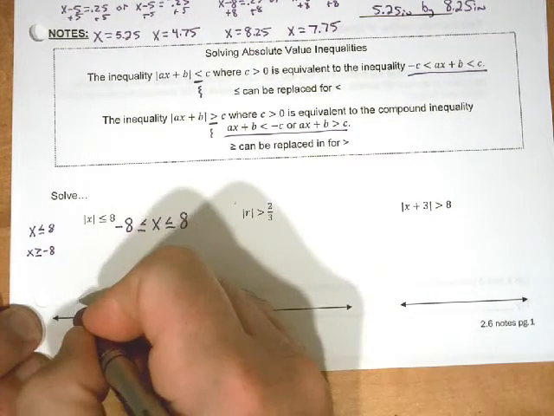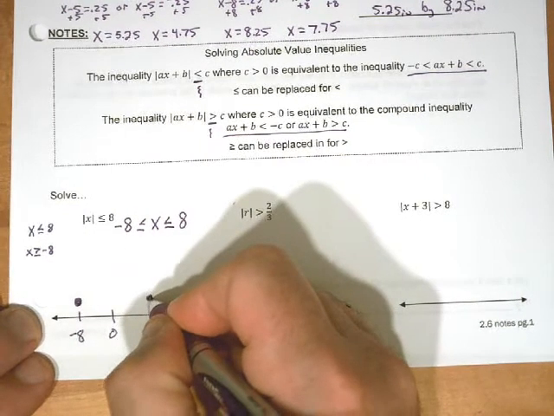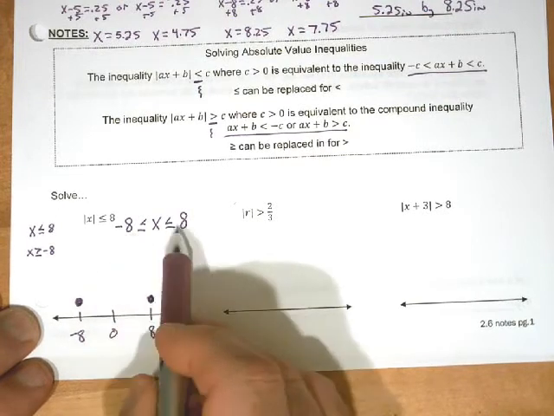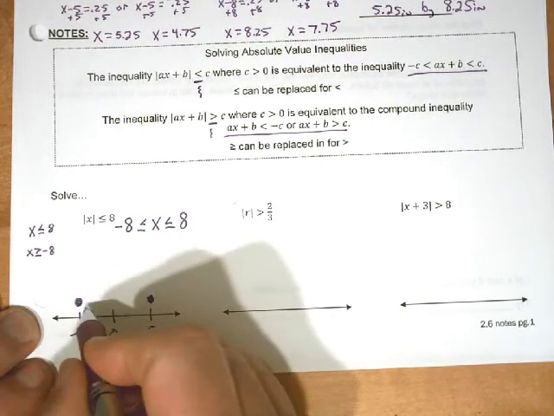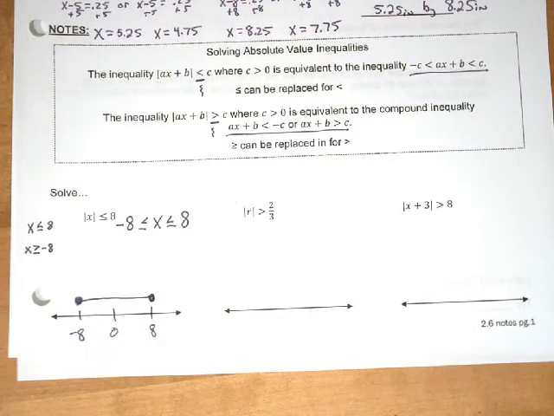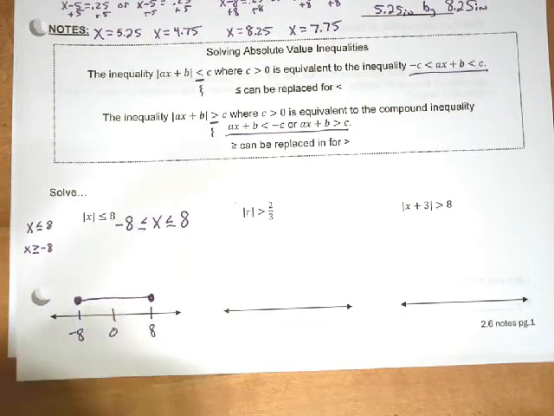So 0, 8, minus 8. They are filled in circles above the minus 8 and filled in circle above the 8. And again, this is a range, so it's all the numbers possible between minus 8 and 8 and including them. So it's going to look like this when we get done graphing it out.